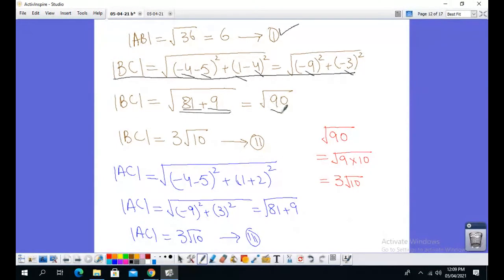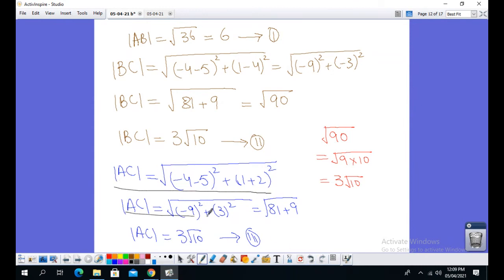After adding these, we get 90, and we can write the square root of 90 as square root 9 times square root 10, which is 3 square root 10. After more simplifying, we take the distance between A and C, and we get the result, which is 3 square root 10.